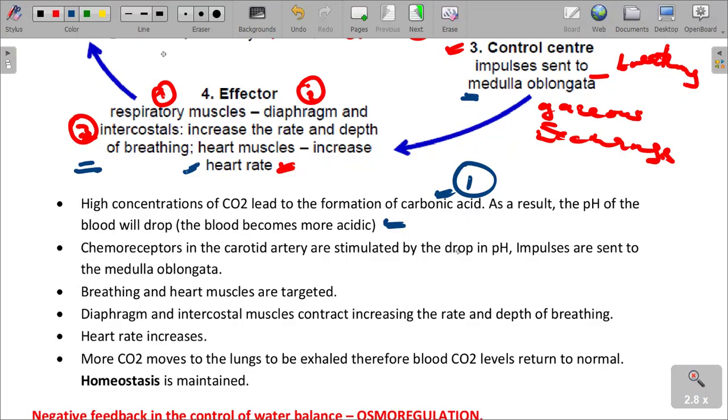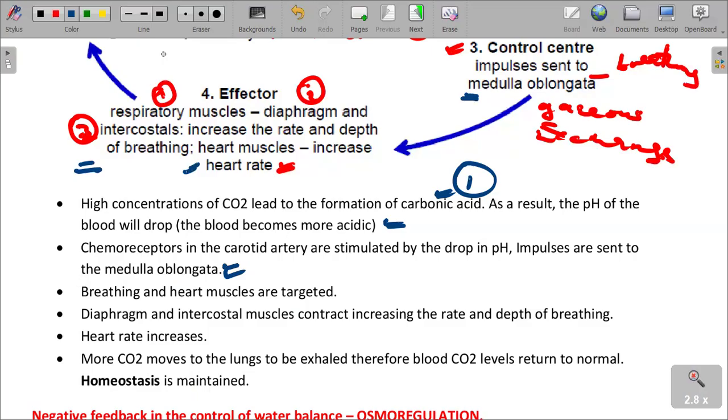A drop in pH is identified by the carotid artery, and then impulses are sent to the medulla oblongata that we talked about. There is also another question you need to understand: why the medulla oblongata?